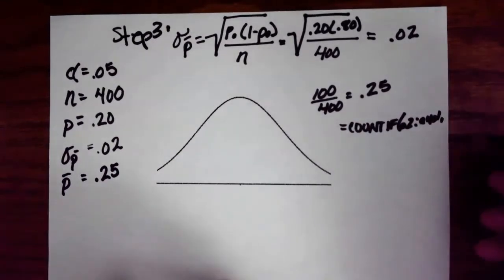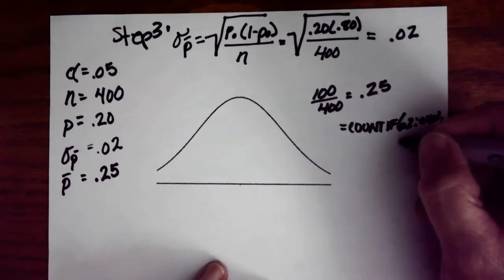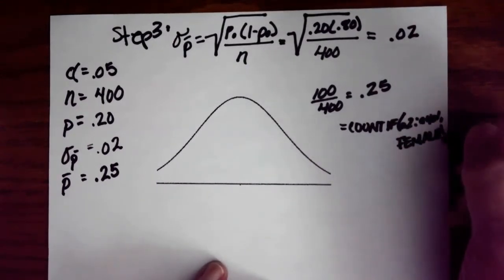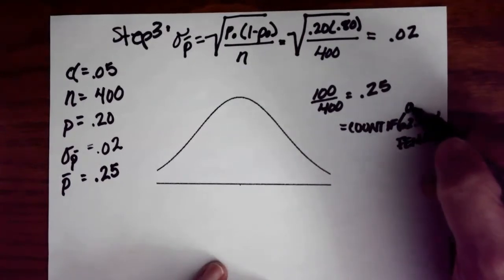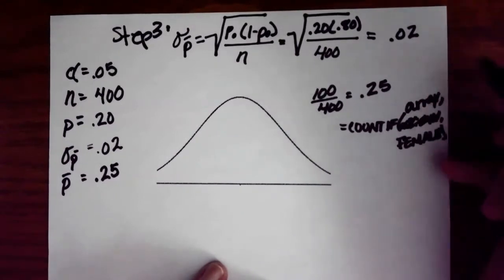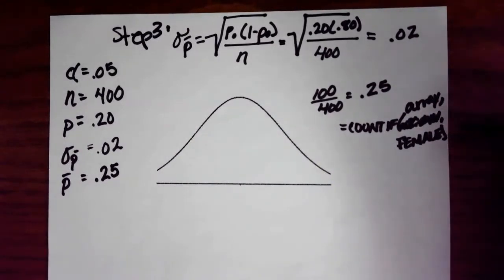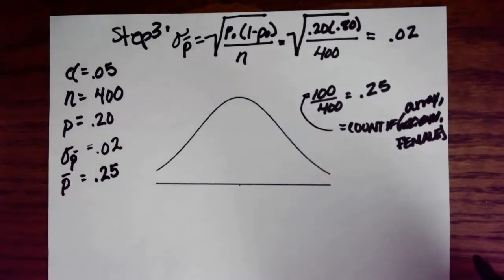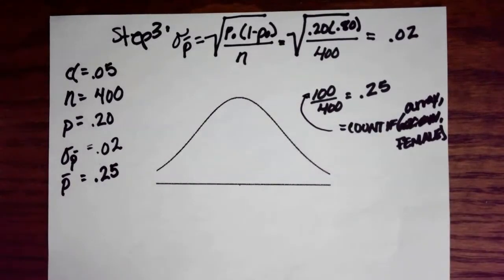Can't read that very clearly because my marker's too thick. And then you have to make sure that you click on a cell that contains the word female in it. So that's A2 through A401, comma, female. And that should have given you 100. And you have a total of 400 in your sample size.